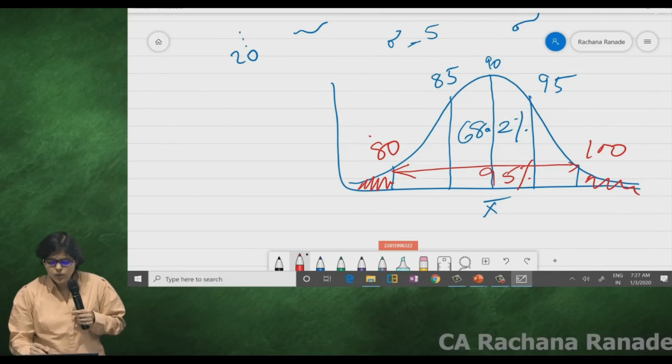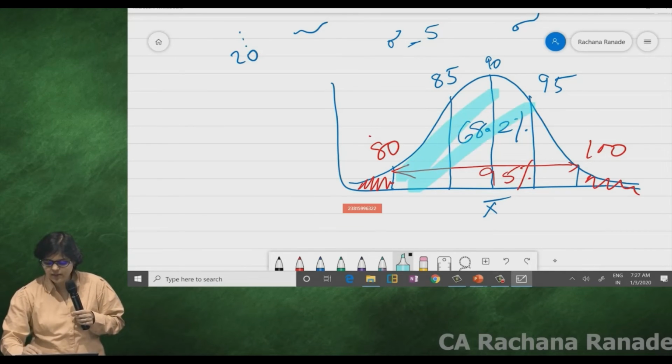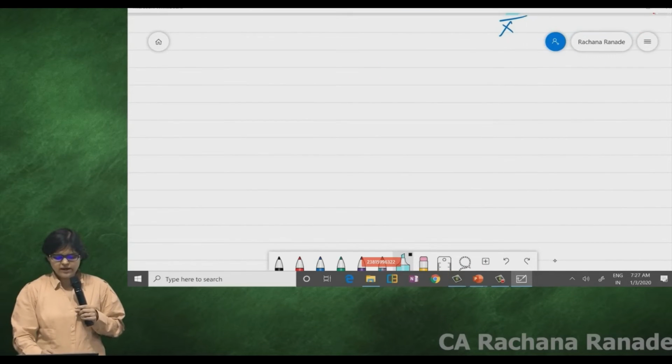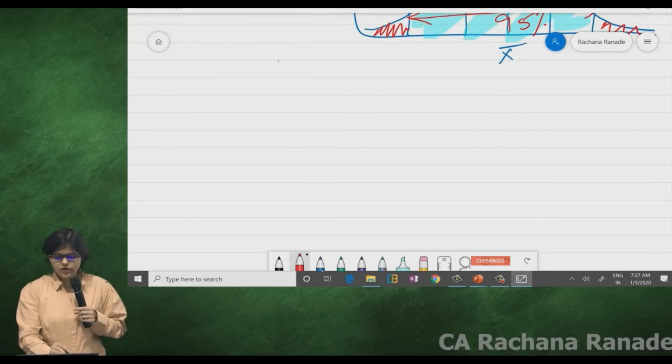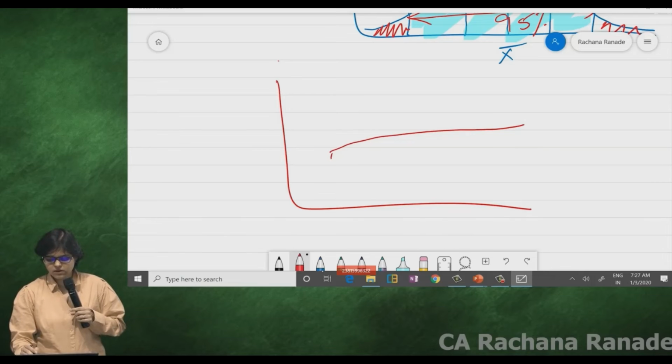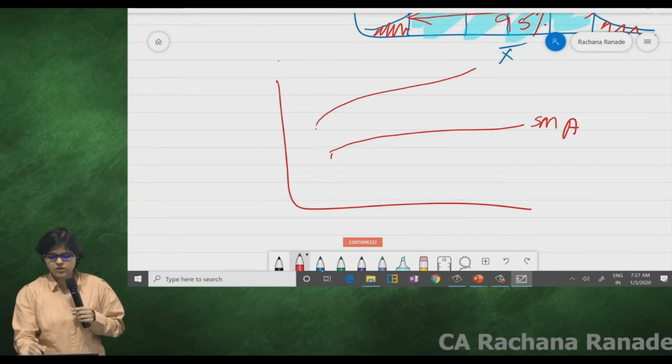Okay, so how do we play with the normal strategy? Tell me, if I'm talking about this area, how do we play with it? Simple. We can take Bollinger Bands as supports and resistances. For example, if this is the 20 SMA line, and let us say this is the Bollinger Band.